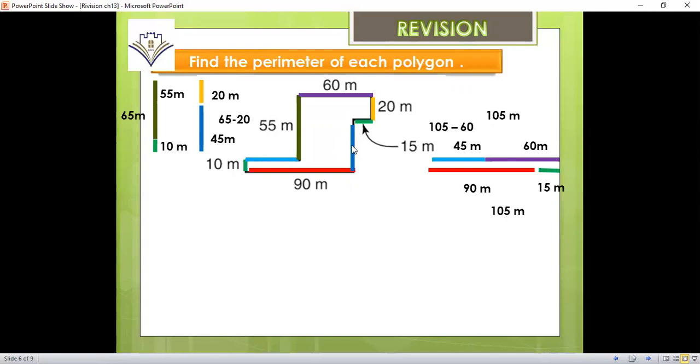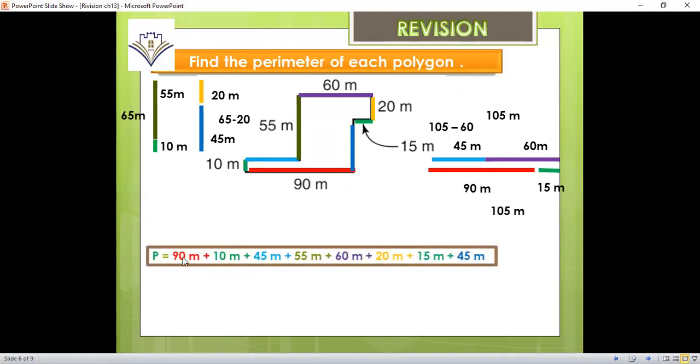Now we have 45, and this line is 45. Then try to calculate again. The perimeter is 90 plus 10 plus 45 plus 55 plus 60 plus 20 plus 15 plus 45. If you calculate the sum, it will be 340 meters.